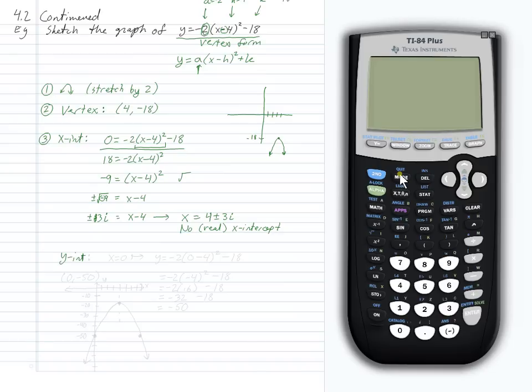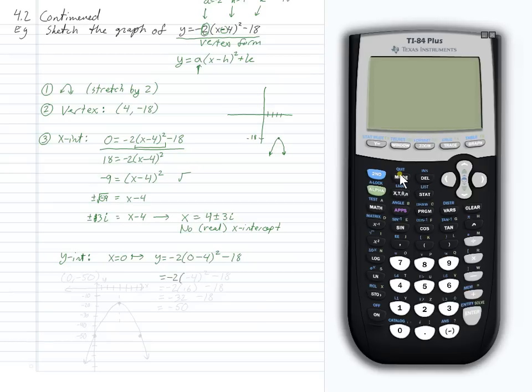And unfortunately, finding the y-intercept in vertex form does involve more work than it does in standard form. Remember, to find your y-intercept, you're going to evaluate when x equals 0. So if x equals 0, we get y equals -2 times (0 minus 4) squared, minus 18. You can see how plugging in 0 doesn't really make anything disappear right now.